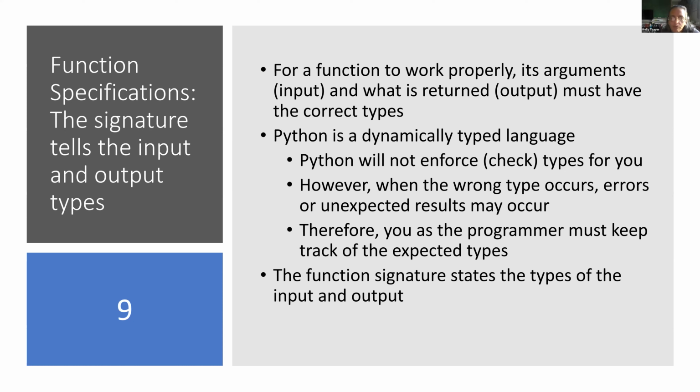However, when the wrong type occurs, errors or unexpected results may occur. This is likely to occur when you provide the wrong type. Therefore, the programmer must keep track of the expected types, and we can do that by using the doc string, particularly the signature. The function signature states the types of the input and the output, as well as a very brief one-liner about what the function actually does.